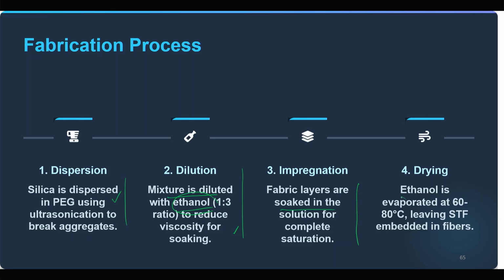Then ethanol is evaporated at 60 to 80 degrees Celsius, leaving the STF embedded in the fiber. So, STF along with the polyethylene glycol will be embedded within the fiber itself.